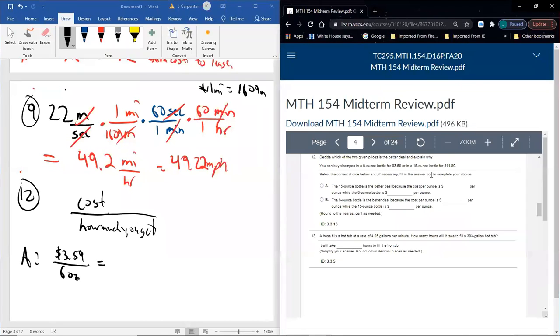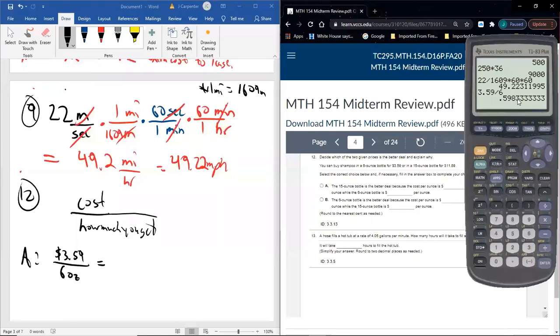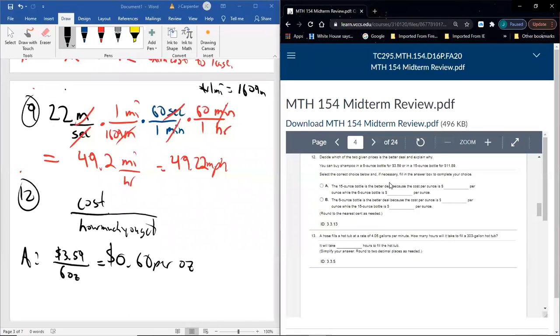And they say to round this to the nearest cent. So rounding to the nearest cent makes it 0.60, and that's dollars per ounce of shampoo. So you're paying 60 cents per ounce of shampoo if you buy brand A or size A.